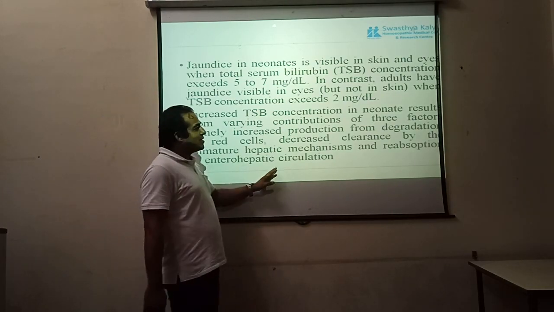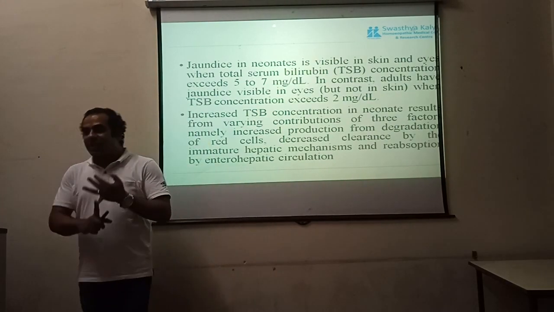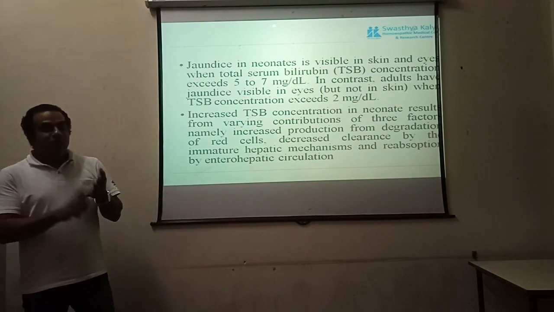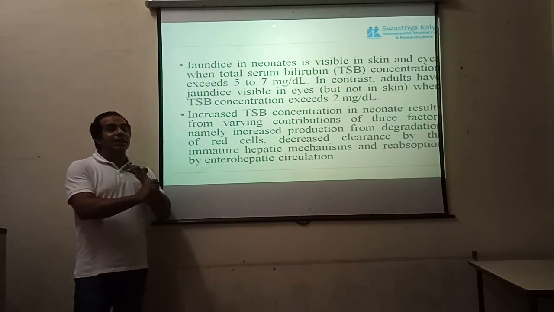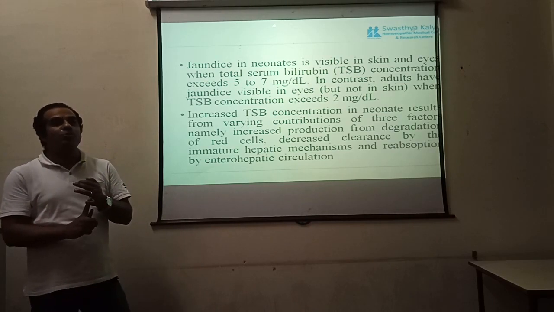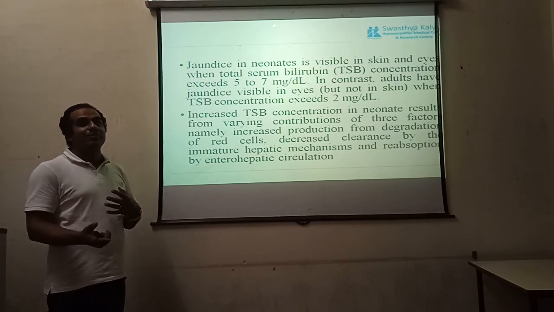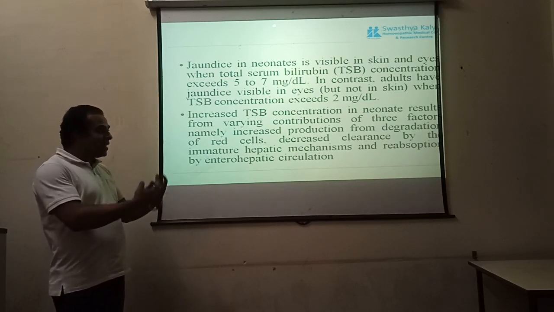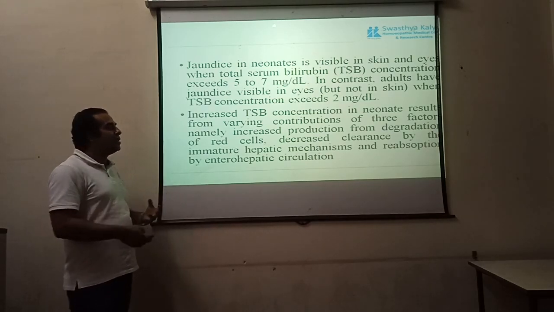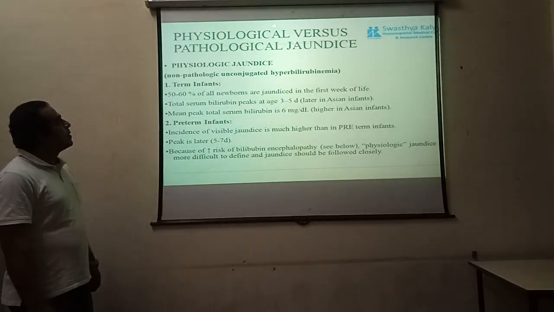So the three factors are: first, your RBCs are getting more destroyed. Second, the neonate's liver is not sufficiently mature to process that amount of bilirubin, and if it is processing a bit, the circulatory system is reabsorbing it and again dumping it into the blood.